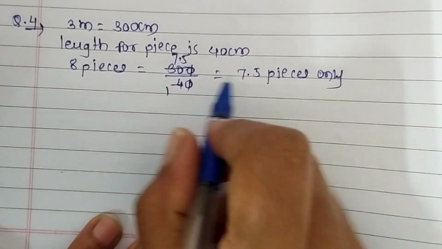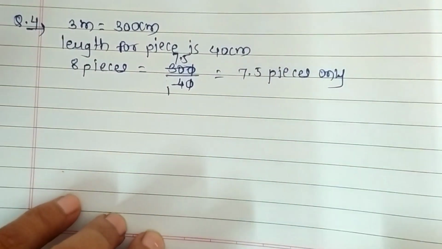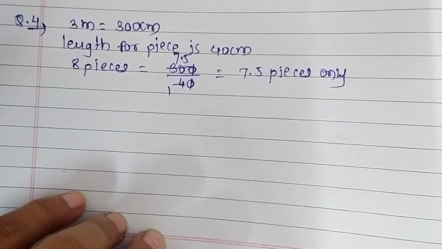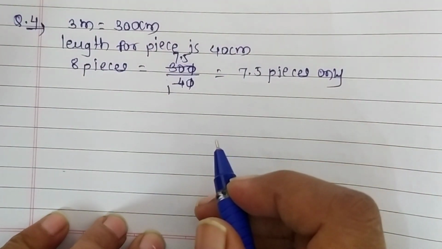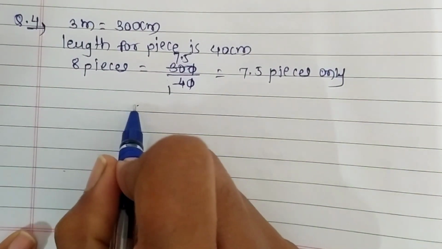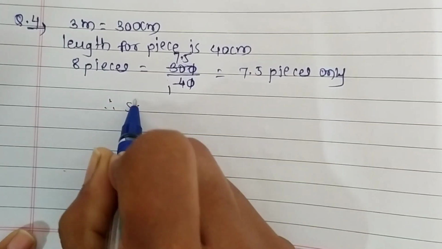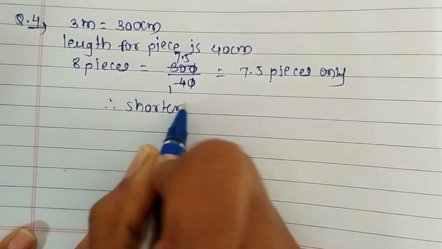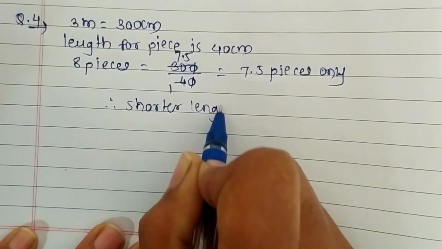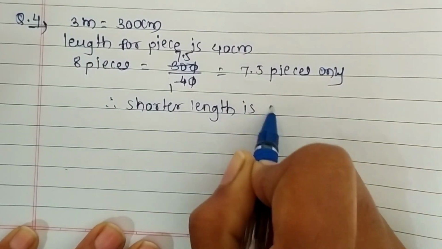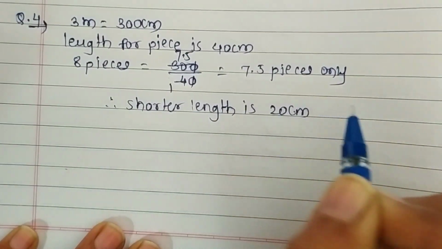It makes only 7.5 pieces here. So the shorter length is 20 centimeter. Shorter length is 20 centimeter here.